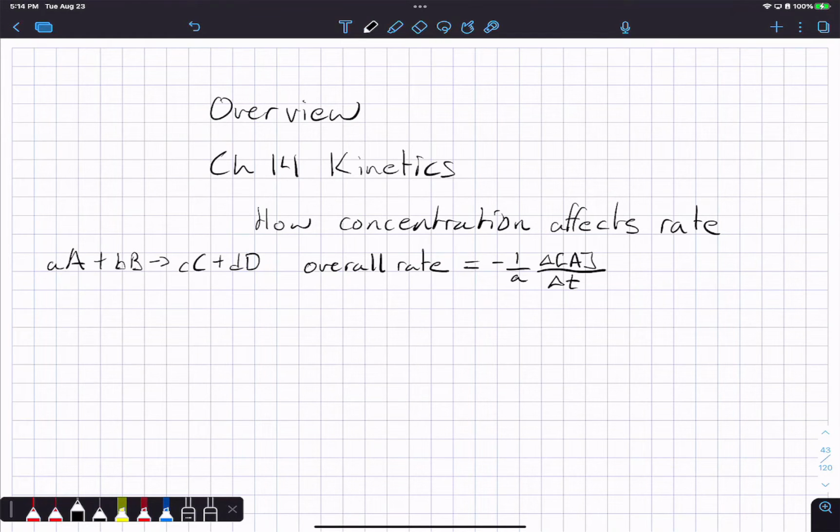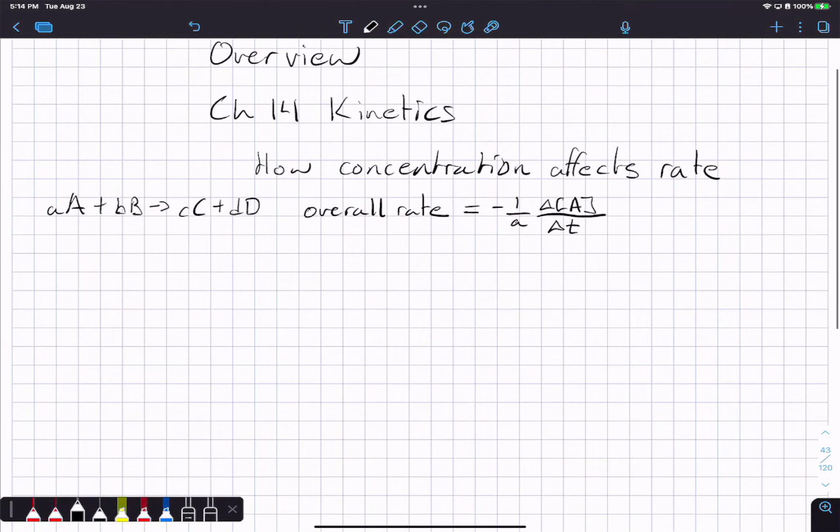That gives us a way to calculate the overall rate. It also lets us have average rates for a reaction with regard to a single reactant, and we can calculate for those other reactants as well. But if we want to look at just the specific rate of one reactant, that's where we got into the rate law.